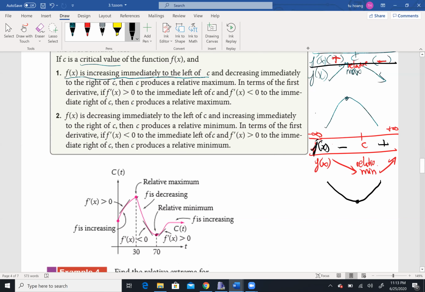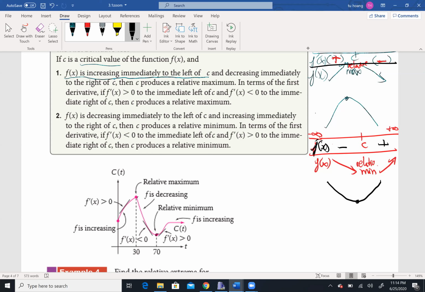So in the figure here, you can see that this is a function f(x).